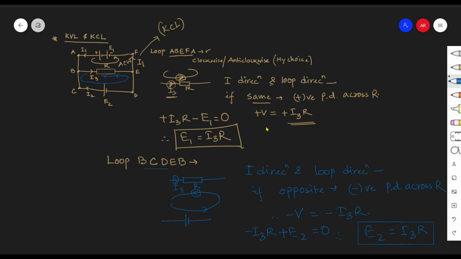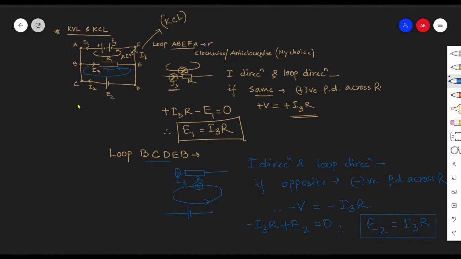So have you understood the expression, the Kirchhoff's voltage loop that we used, and the equations of current, EMF and resistance we wrote for both loops, the upper loop and the lower loop? Just the rule of thumb: when the current direction is opposite to the loop, it is negative.